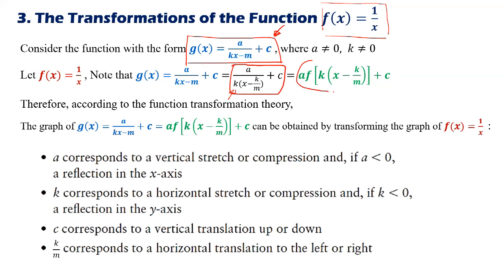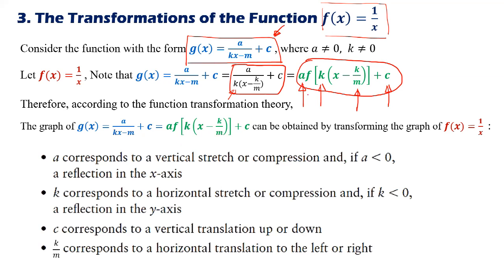So if you rewrite g(x) using this form, this is actually a transformation from f(x). The four parameters are a, k, k over m, and c, right?